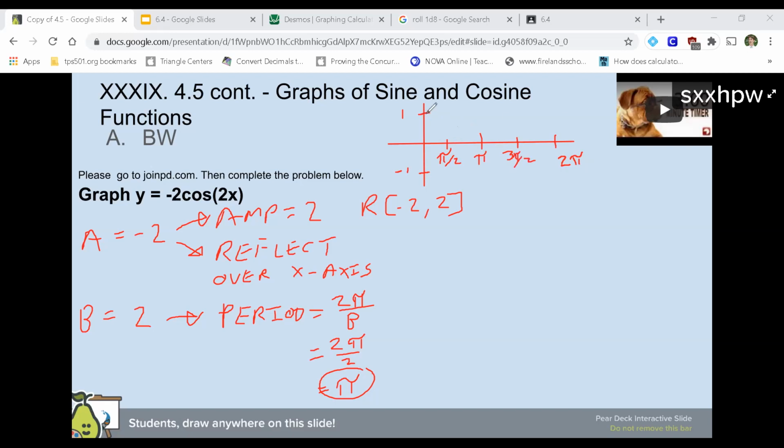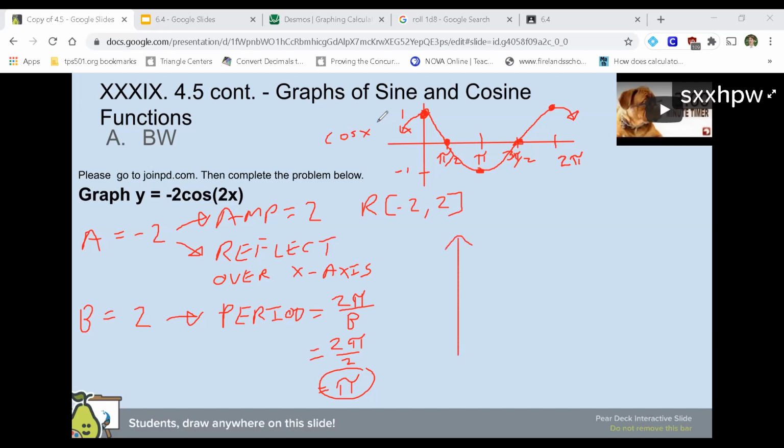Cosine starts at its maximum, and then it follows this pattern. Intercept, minimum, intercept, back to the maximum, completing the cycle. So it looks like that. Okay, so that's a basic cosine graph.